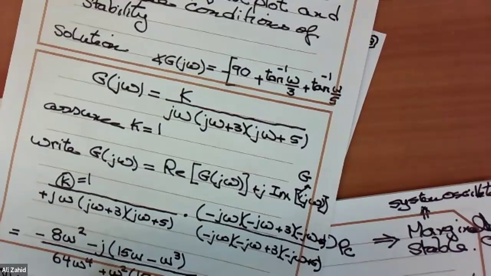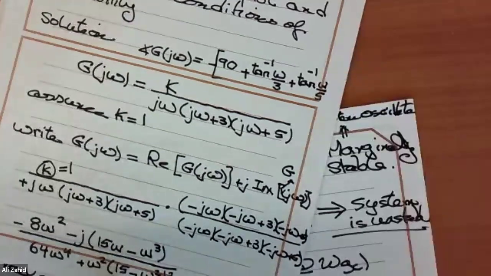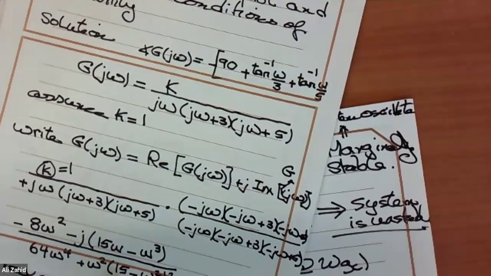Phase of j omega equals minus 90 degrees plus tan inverse omega over 3 plus tan inverse omega over what?